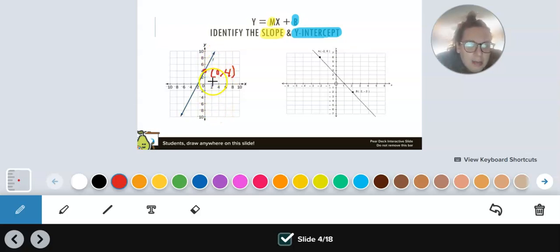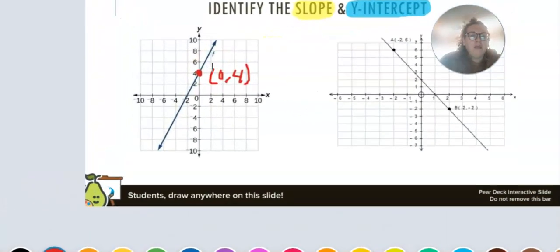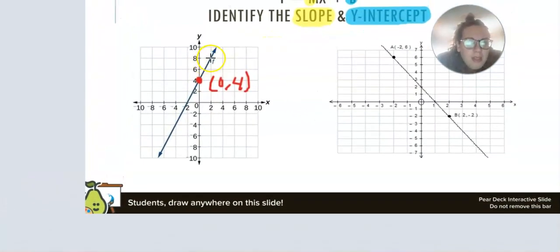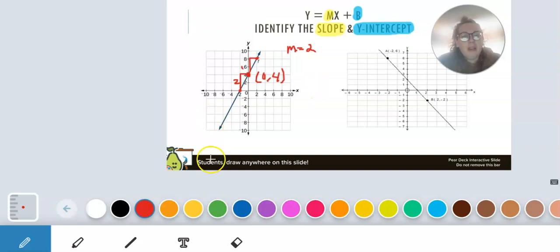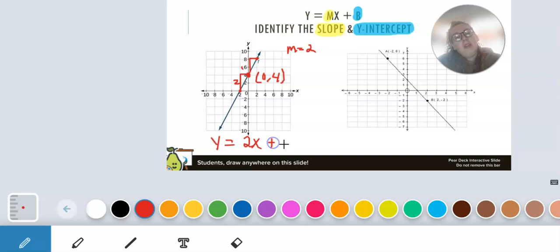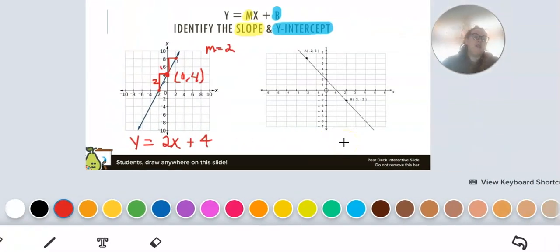Let me zoom in. Here would be a good point, because it's crossing right on those grid lines. To go from one point to the next, we are going up 2 and over 1. Up 2 over 1, so our slope is 2. When we're writing our equation, it would be y equals 2x plus 4, a slope of 2 and a y-intercept of 4.